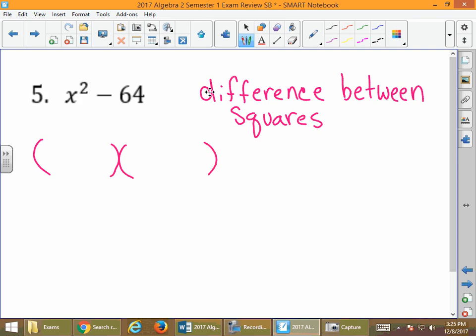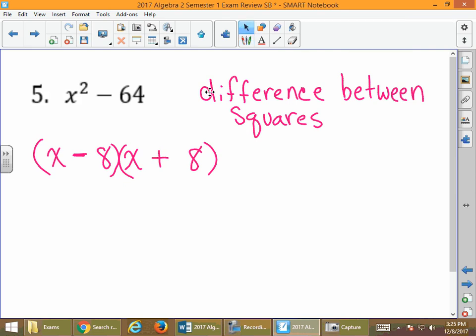And x squared is x times x. And 64 is 8 times 8. What you may notice and remember is that the square root of x squared is x, and the square root of 64 is 8. The only thing that needs to happen now is that we're going to make one of the parentheses a negative and the other positive. If you choose to write x plus 8 first and x minus 8 second, that's fine. Difference between the two squares.